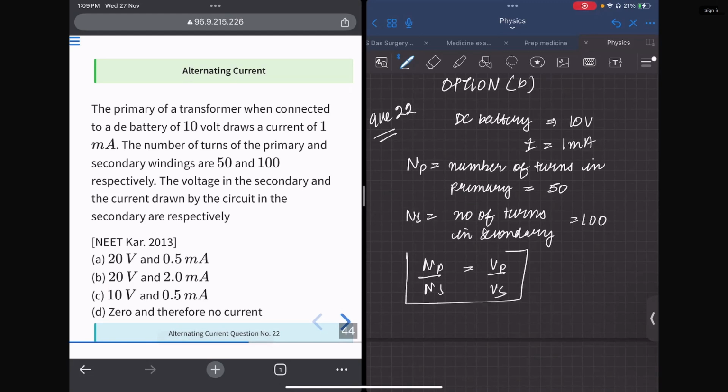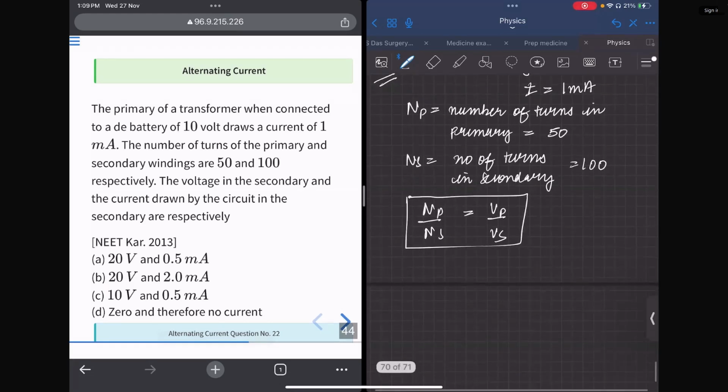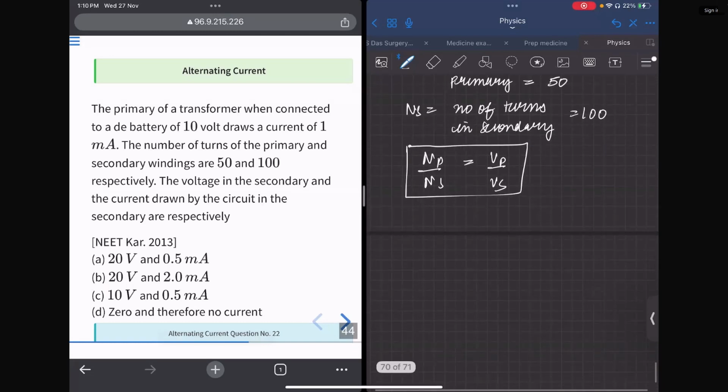It is in direct relation with the voltage VP and VS. But did we read the question properly? The first line itself says that the primary of a transformer, when it is connected to what? It is not connected to AC battery. It is connected to DC battery.